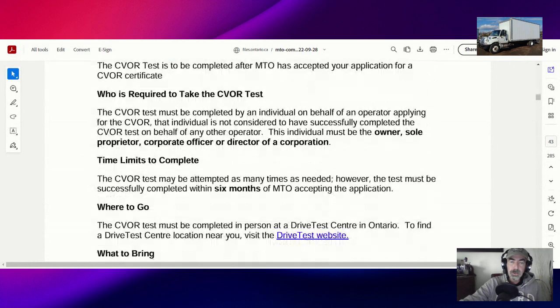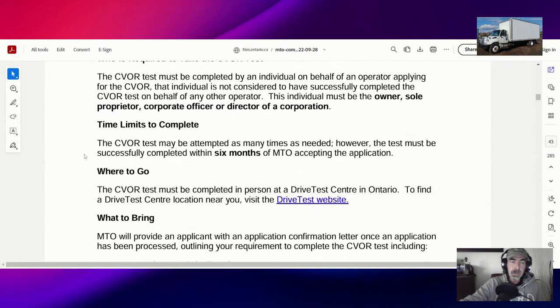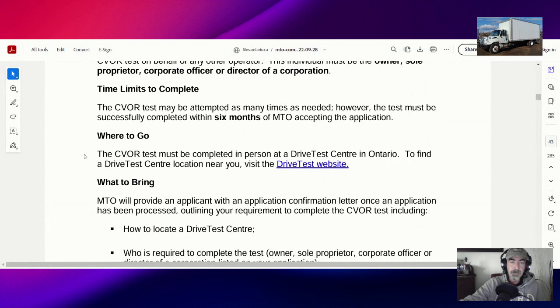Who is required to take the CVOR test? The CVOR test must be completed by an individual on behalf of an operator applying for the CVOR. That individual is not considered to have successfully completed the CVOR test on behalf of any other operator. This individual must be the owner, sole proprietor, corporate officer, or director of a corporation.